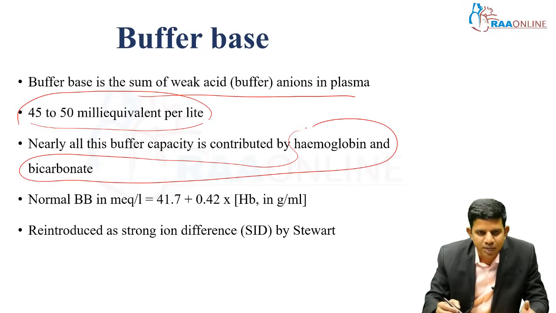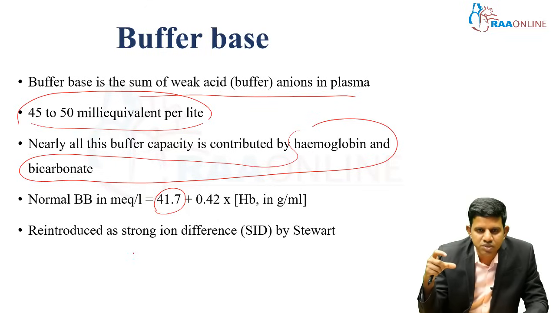You can calculate the buffer base by this formula: 41 plus 7 plus 0.42 into my hemoglobin level. Later, the buffer base concept was reintroduced by Stewart as the strong ion difference, and we will discuss this separately in the Stewart approach of acid base disorder.